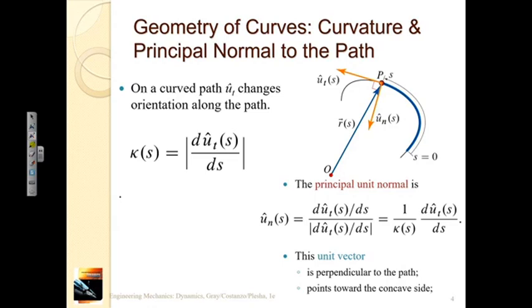So what we have is this function, or the definition of kappa here. This is our curvature. And what's that looking at? That's defined as our change in our tangential unit vector over path. So how much is that unit vector changing over the path?